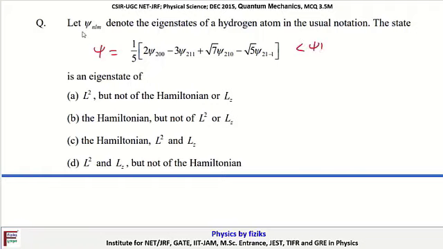If we check psi dot psi, you will find it is normalized: 4 by 25 plus 9 by 25 plus 7 by 25 plus 5 by 25. So that is normalized. Now the question is asking the state is an eigenstate of which of the terms.